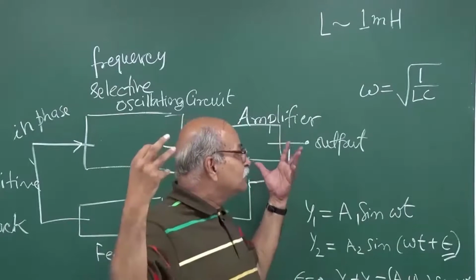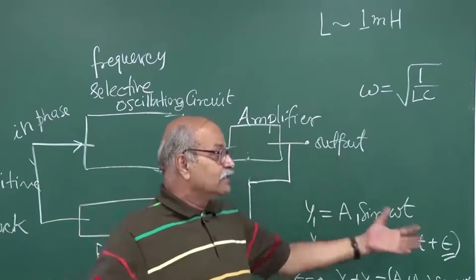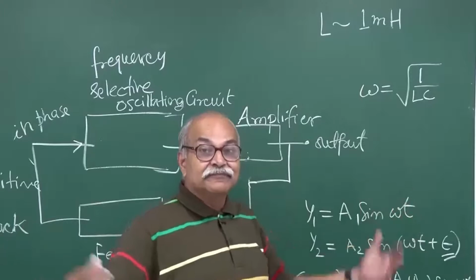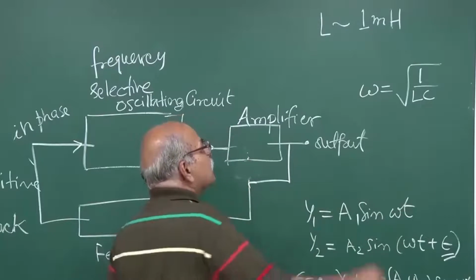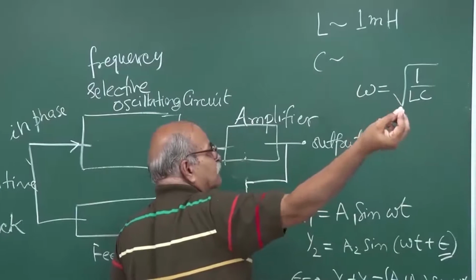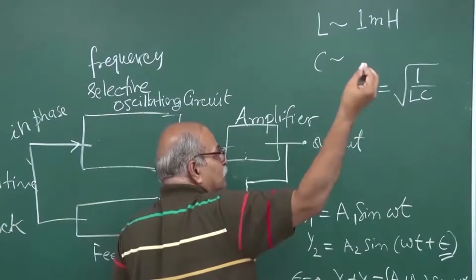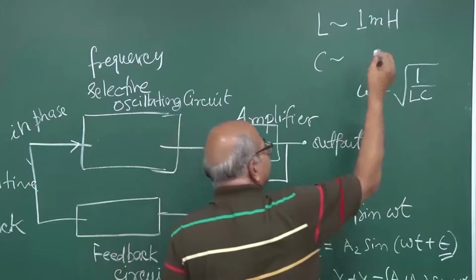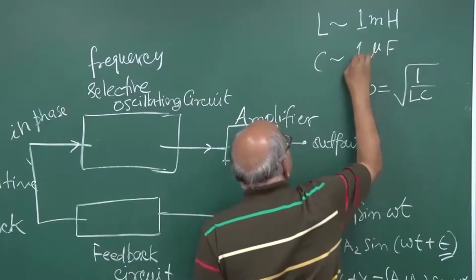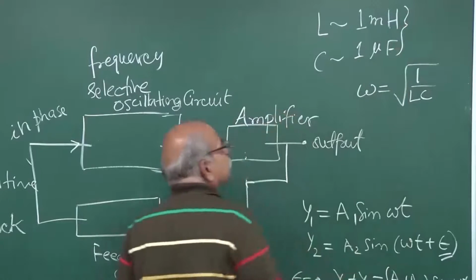You don't have inductors in henries. If you want to make inductors in henry, it will be very bulky. And similarly, the capacitance is typically in microfarads, 100 microfarad, 10 micro or 22 microfarads, like that. So this is in microfarads. So let's say start with 1 microfarad.